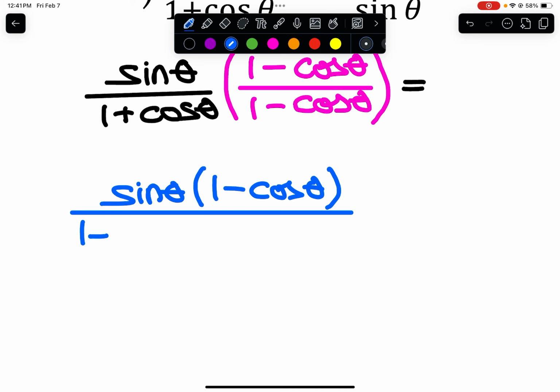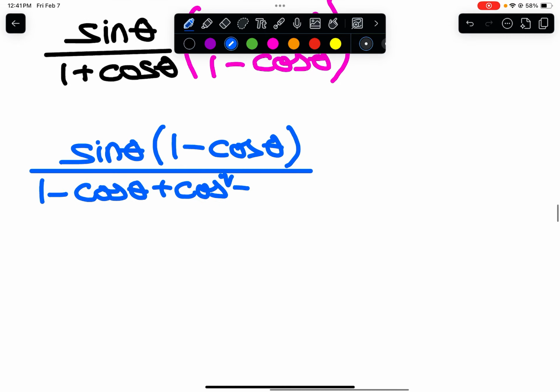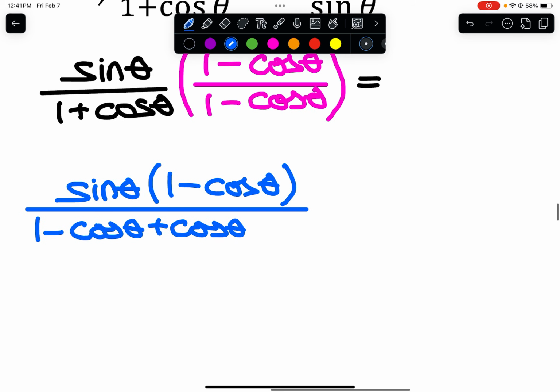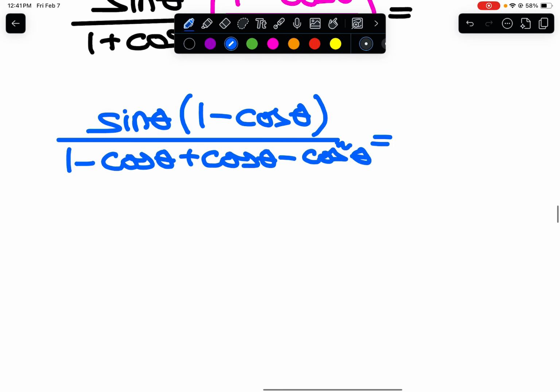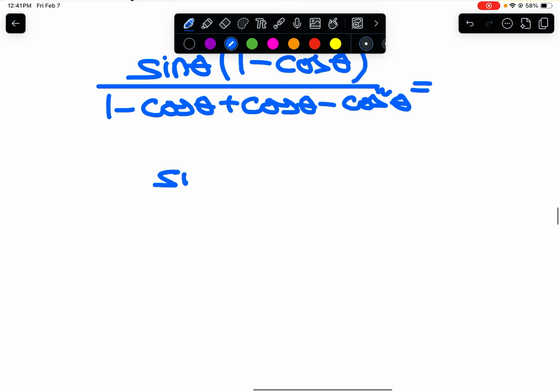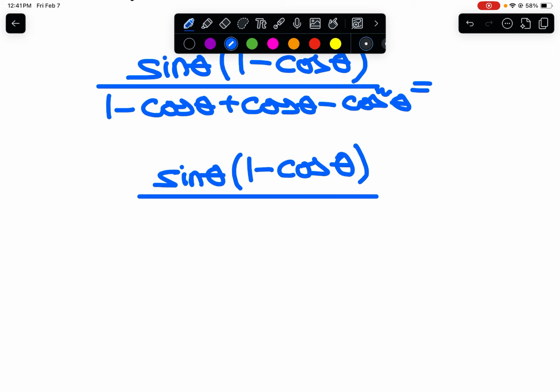So that's 1 minus cosine theta plus cosine theta minus cosine squared theta. So we're going to be left with sine theta, 1 minus cosine theta, over 1 minus cosine squared theta.